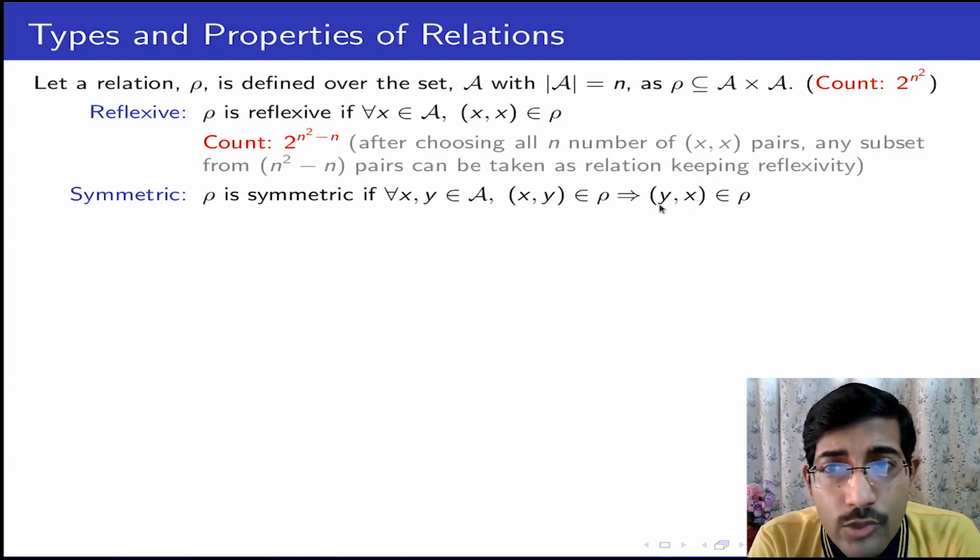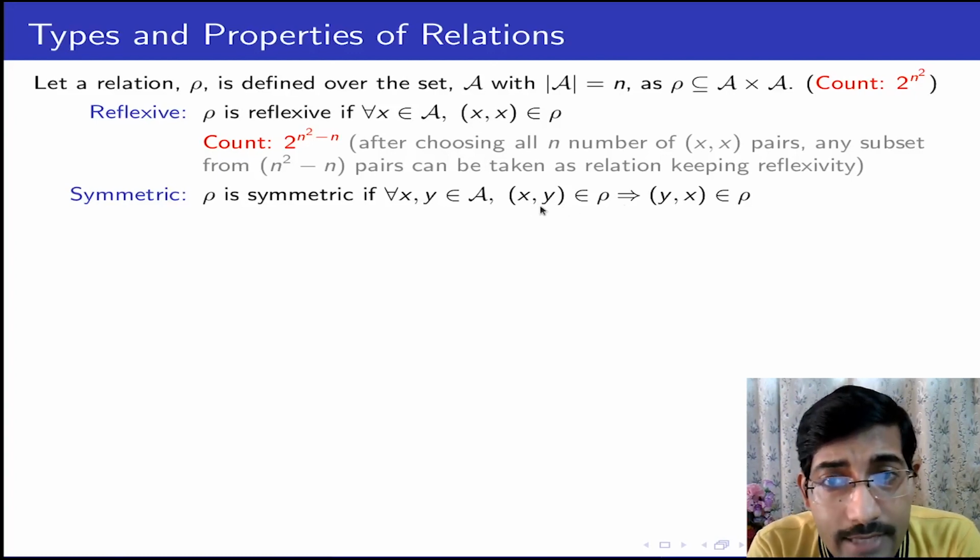Remember, (x,y) and (y,x) are not equal, as I have already mentioned. To be equal, x should be equal to y. But this is not the case for all different pairs x, y.